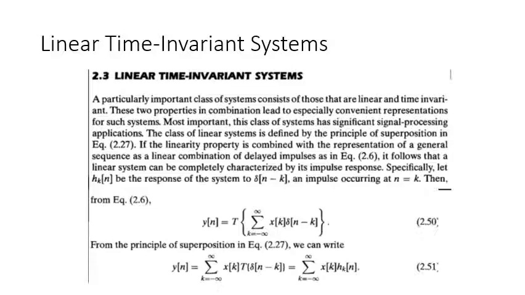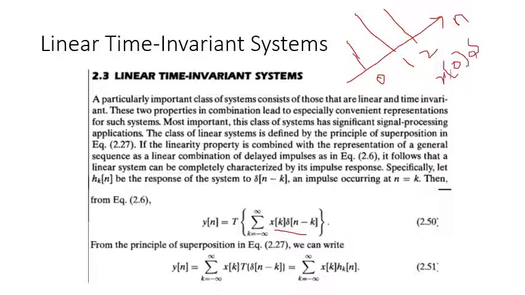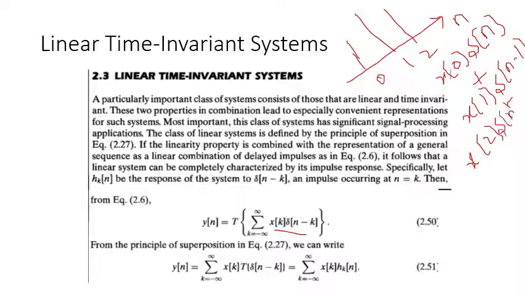Here we are representing the input with the help of delta impulses. For example, if there is this input with three samples, 0, 1, 2, we can represent it with x of 0 delta of n, because this is at 0, plus x of 1 delta of n minus 1, plus x of 2 delta of n minus 2.